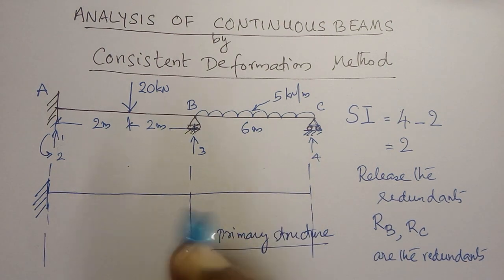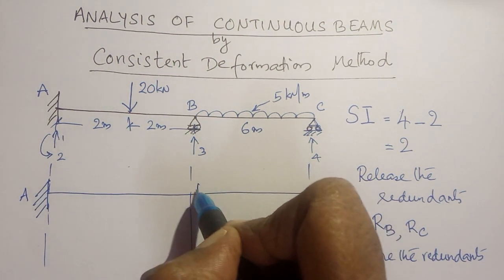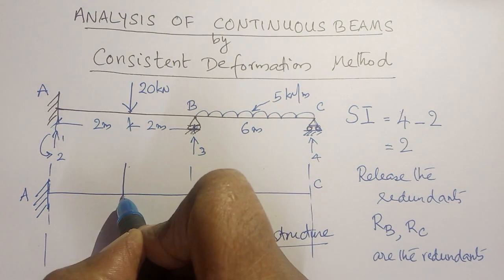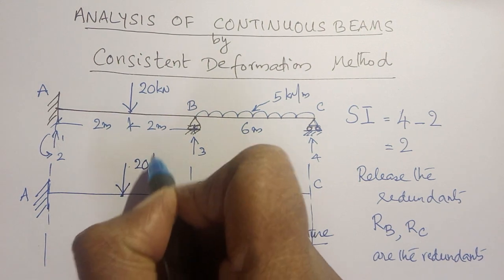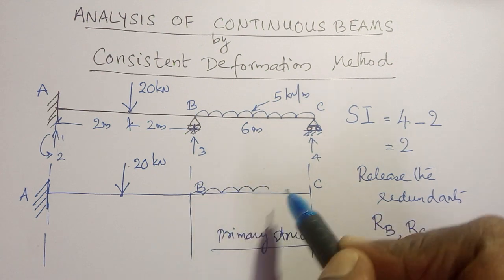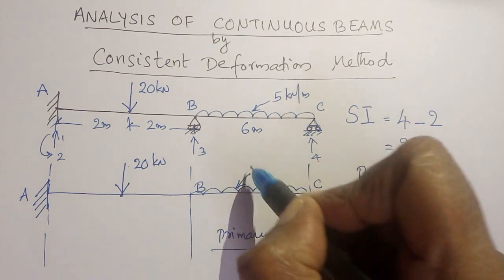So this is a cantilever A, B, C. We'll mark the load on the cantilever: 20 kilonewton here and 5 kilonewton per meter.